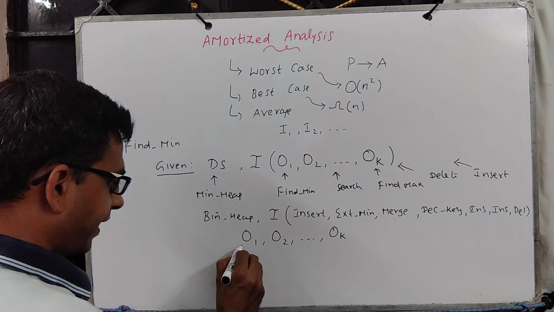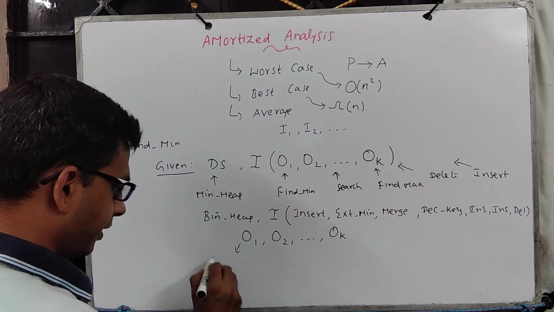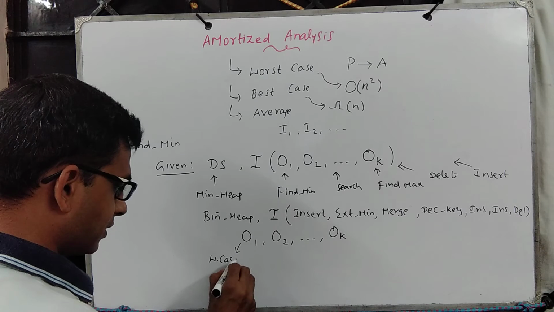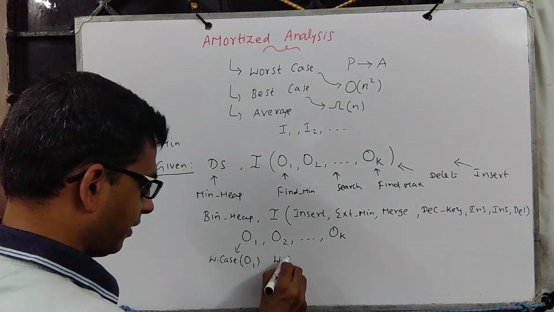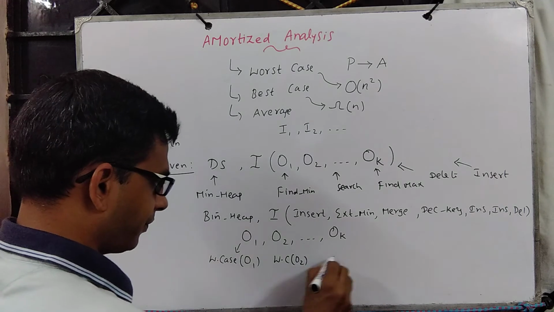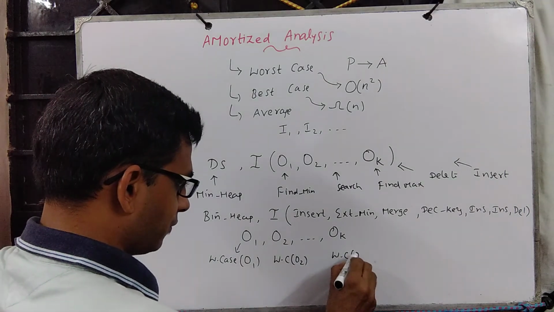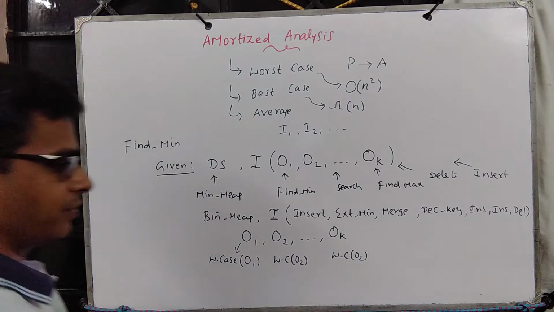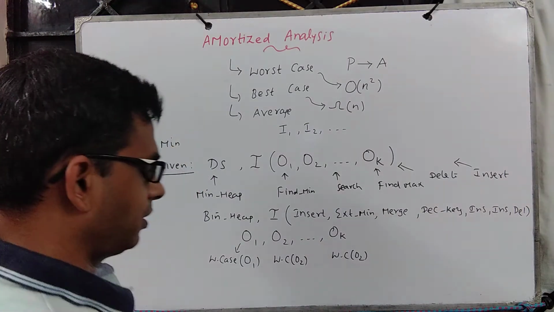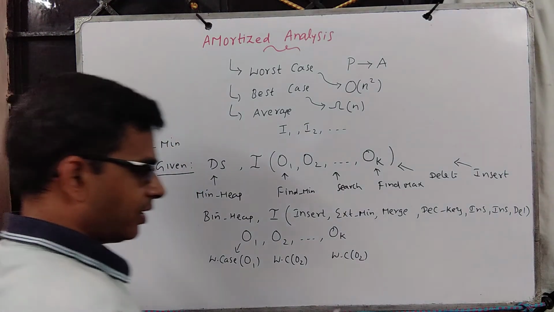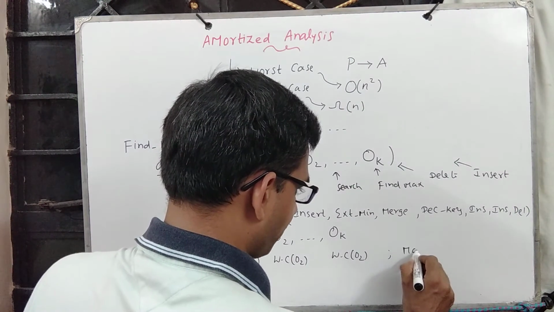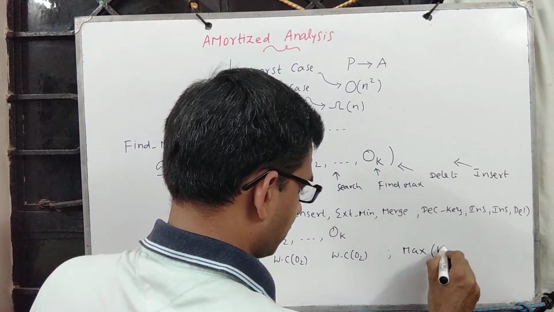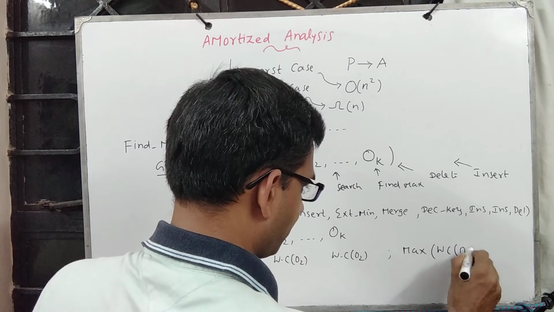You can find the worst case cost of operation 1, and similarly for each of them. So for each of them you can find the worst case cost. Then you can take the max out of all of these.